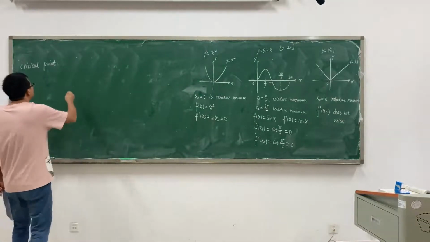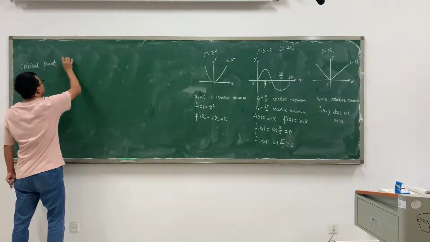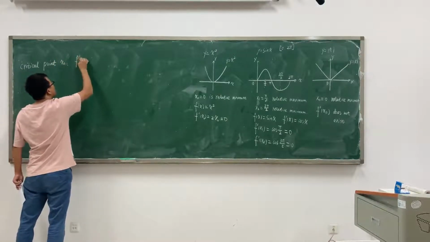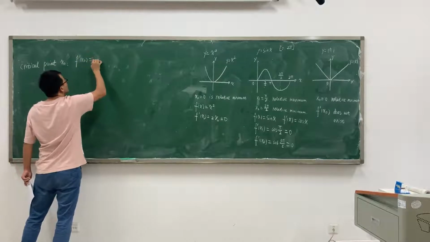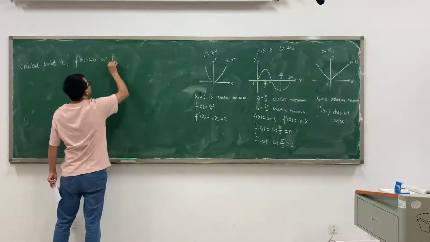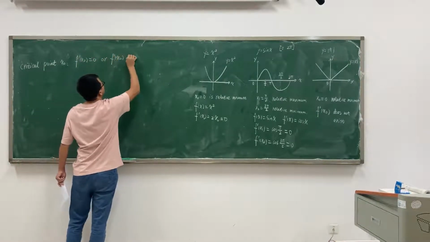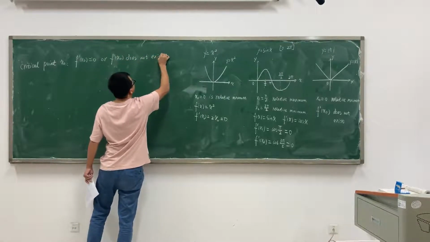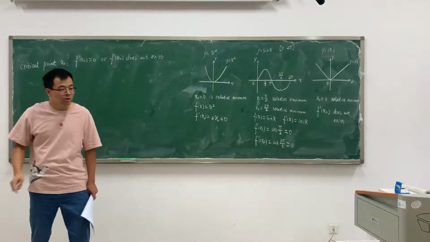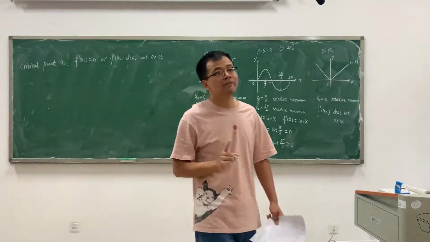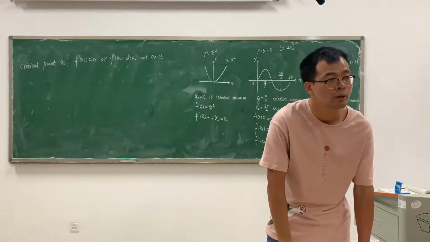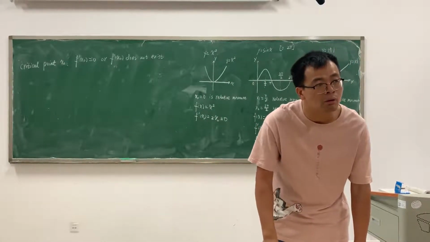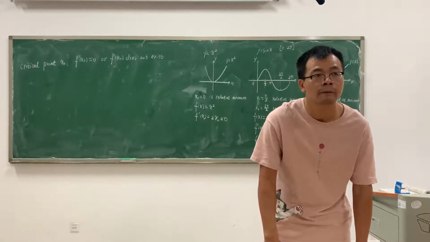So x0 is a critical point means f prime of x0 equal to 0 or f prime of x0 does not exist. Okay? So this is the definition of critical point.